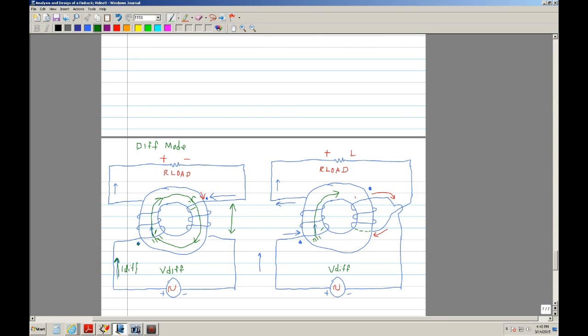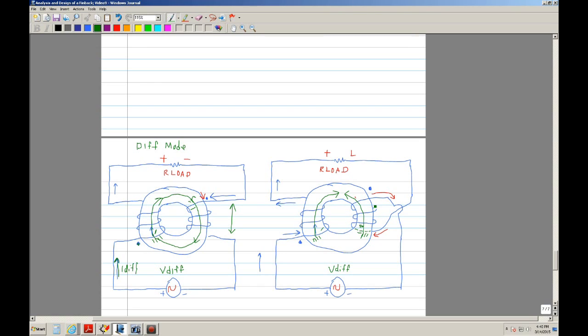So now your thumb is on this side and your fingers are on this side. The current is flowing that side, but remember it's on the back side, so that means the flux is going in this direction.